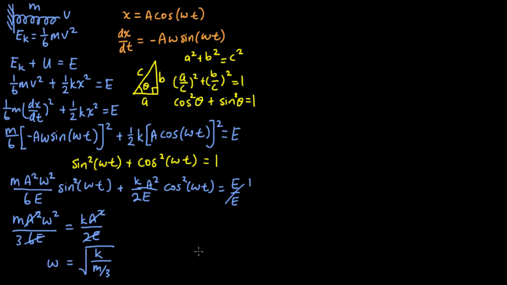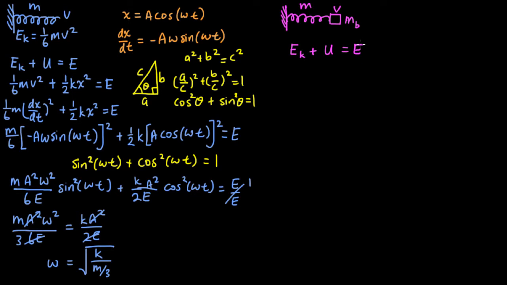Let's see what happens when we have a spring with mass m, and its end is moving at speed v, and there's a block at the end of it. And this block is m sub b. What is the total energy of this system? So we have the kinetic energy plus the potential energy.